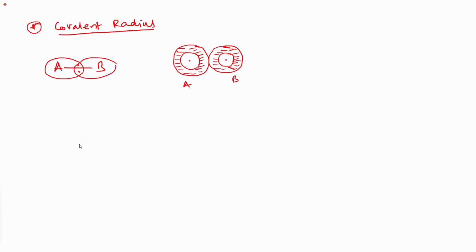So the covalent radius means whatever distance is there, this is the covalent bond, and this distance is the bond length. This is the radius R of A and this is R of B. To define the covalent radius, you first have to be sure that these two nuclei are bonded. The covalent radius comes from the covalent bond.